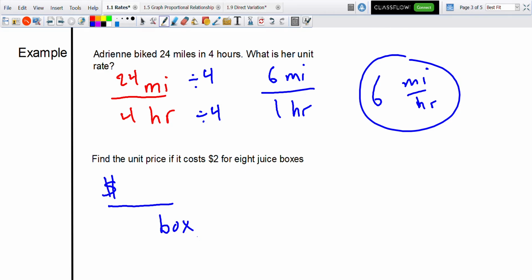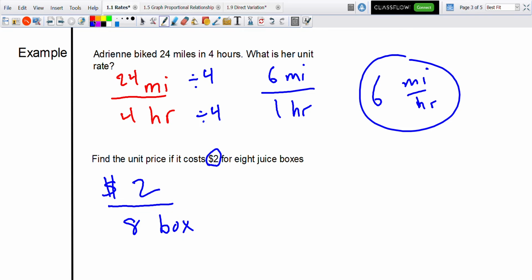My 2 units are dollars per box. Dollars on top, per box on the bottom. And I know in my problem to set up, it was $2 to start for 8 juice boxes.